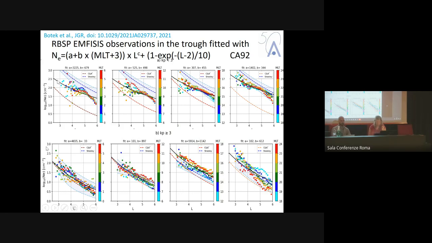The new fits are shown by the black line, and you can see that it reproduces better the observations of the Van Allen Probes in this region, where the density is very, very low.